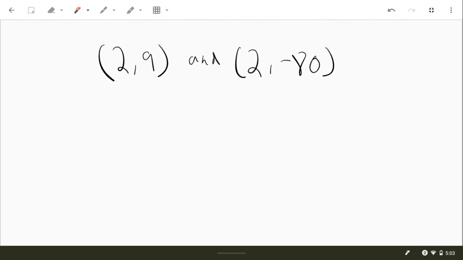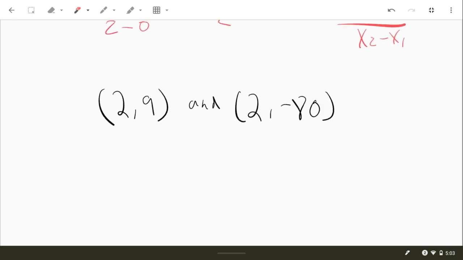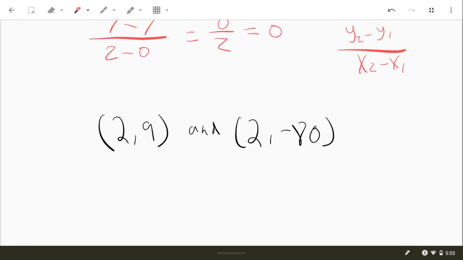On the next one, Y2 minus Y1, I guess I'll do it the other way: negative 80 minus 9. Then on the bottom, we get 2 minus 2. That's negative 89 over 0. That's a problem.